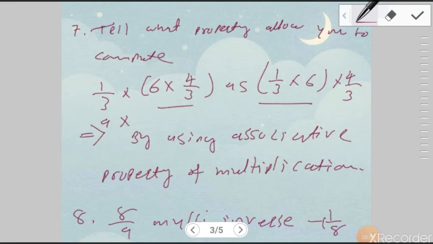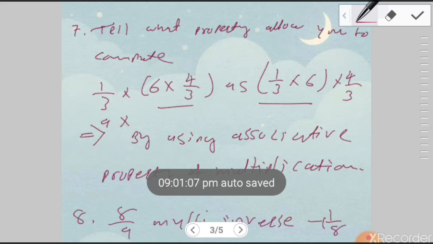In question 7, tell what property allows you to compute 1 upon 3 into (6 into 4 upon 3) as (1 upon 3 into 6) into 4 upon 3.